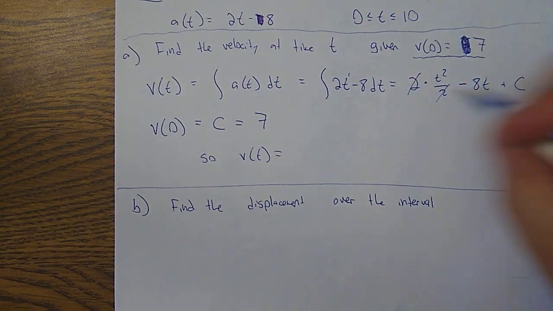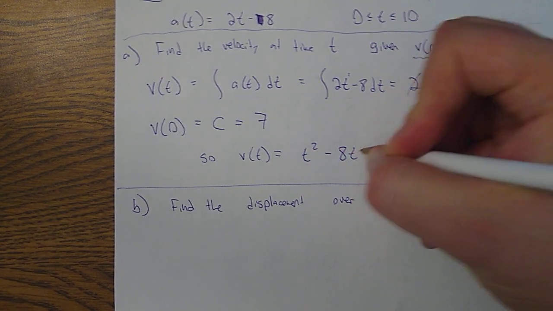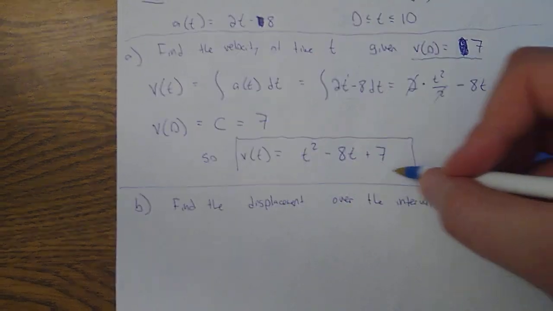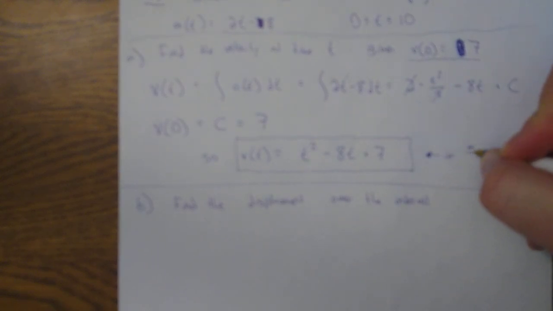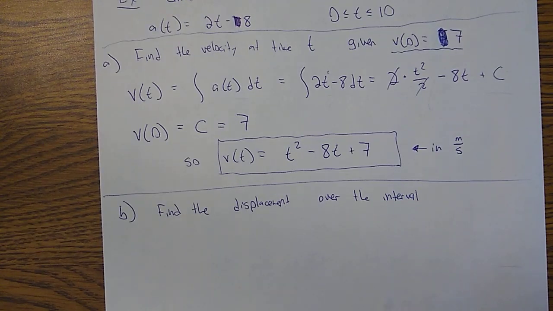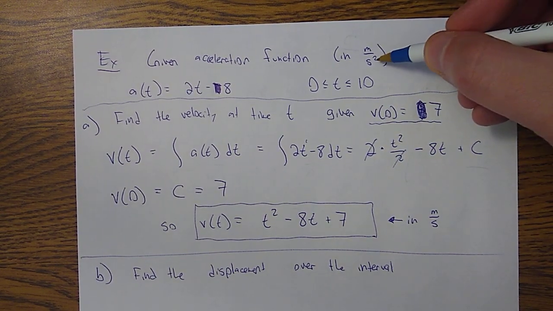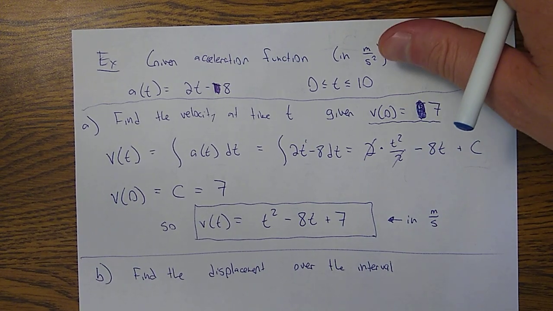Now I have my full answer, not just a partial answer, because now I know c. So that's v of t. And if I want to be a good physicist, I'll state the units. This is in meters per second, because the acceleration was in meters per second squared, so velocity should be in meters per second.